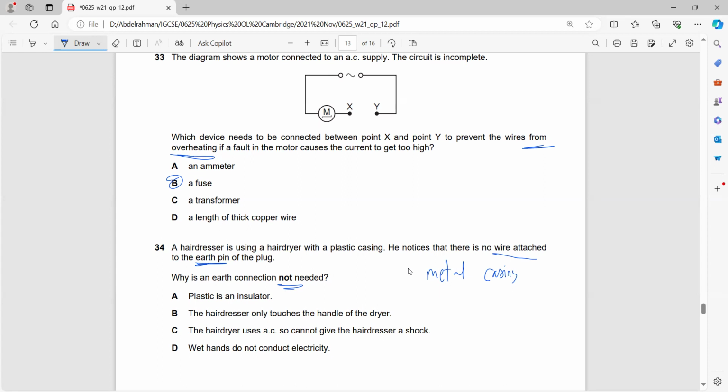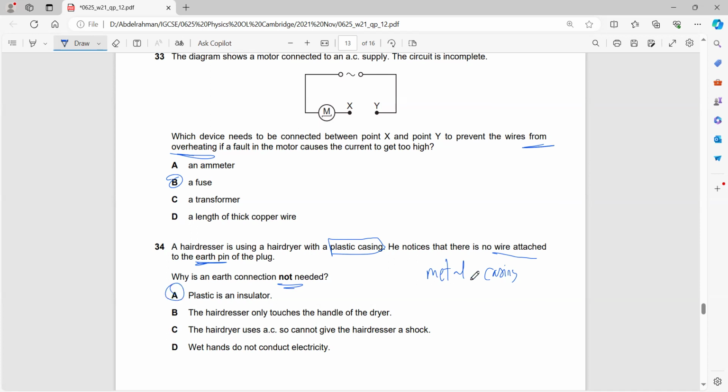But in this case, there's a plastic casing. Plastic does not conduct electricity. The current will not move through the plastic, so it wouldn't be that much of a danger. Yes, plastic is an insulator.